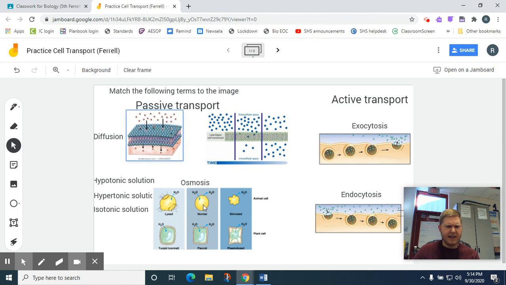All right, and then let's look. The cell, water's going into the cell and it gets big. The cell is getting big like a hippo. This example is going to be hypotonic. So I'm going to put hypotonic on this side. I'm going to angle it.